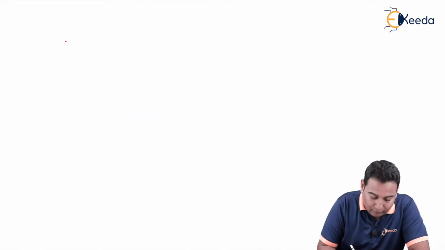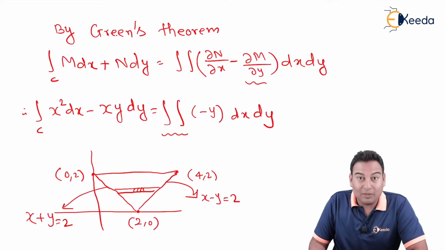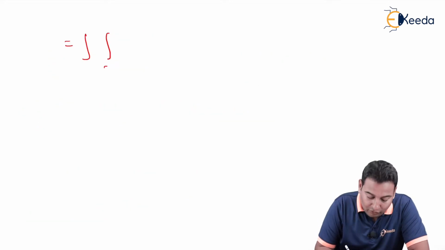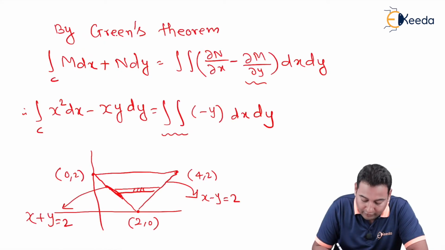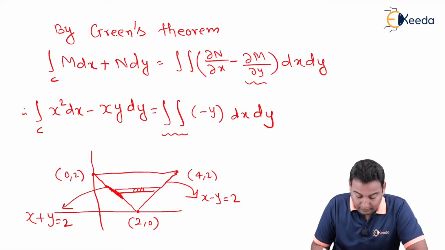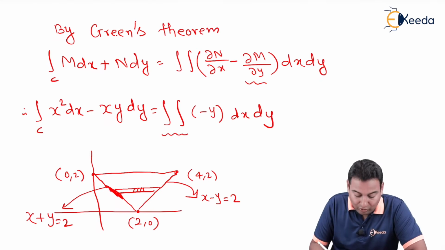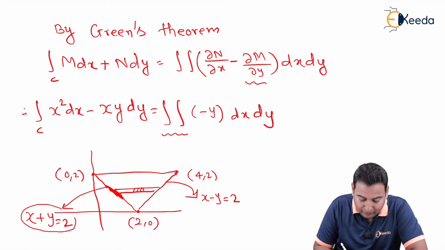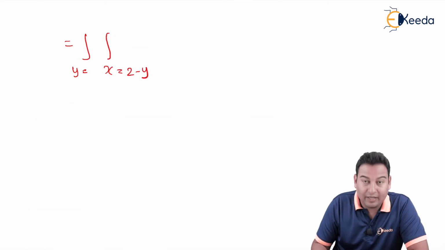Therefore, the strip is parallel to the x-axis, so x goes from inner limit to outer, and y is outside. The inner limit is the starting and ending point of the strip. The starting point is on this line, therefore here x equals 2 minus y.